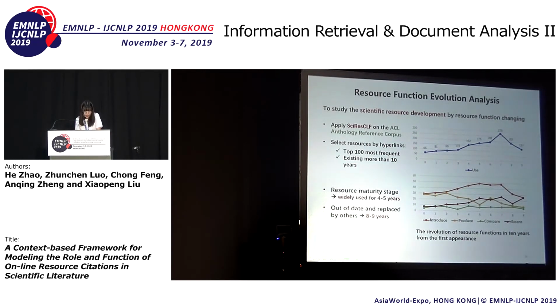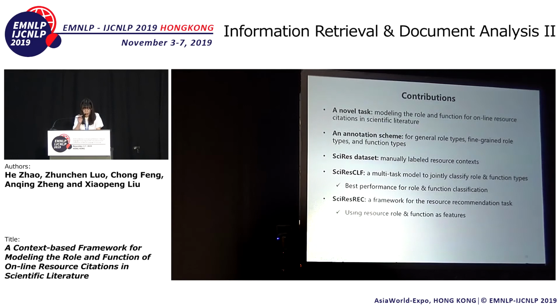We apply our classifier to the ACL Anthology Reference Corpus, and we can find that a resource will go into its maturity stage when it has been widely used for 4 to 5 years, and one resource may be out of date or replaced by other more novel resources maybe in 8 to 9 years.